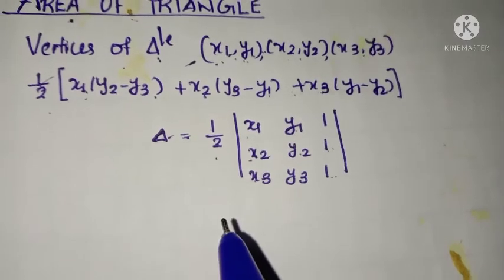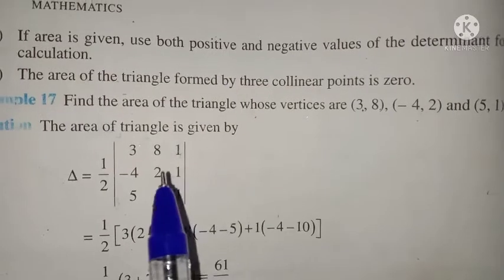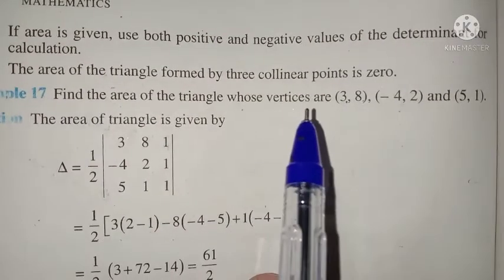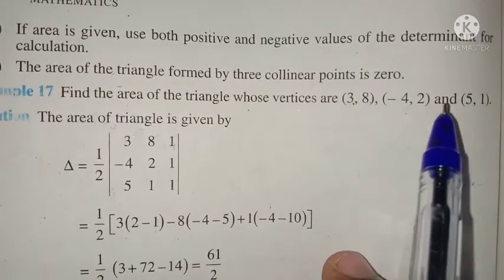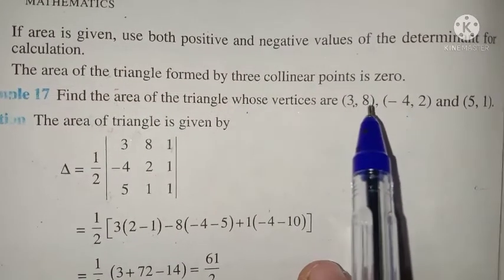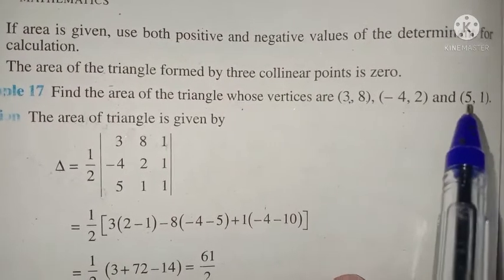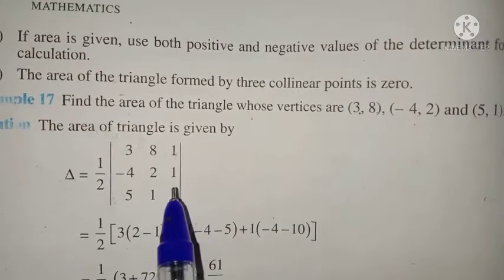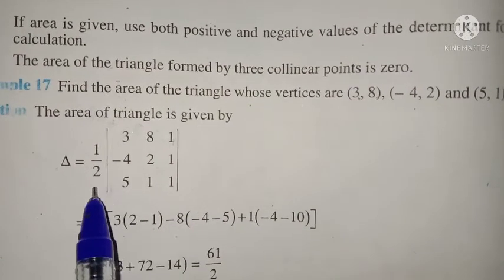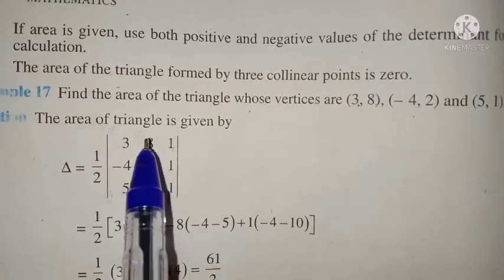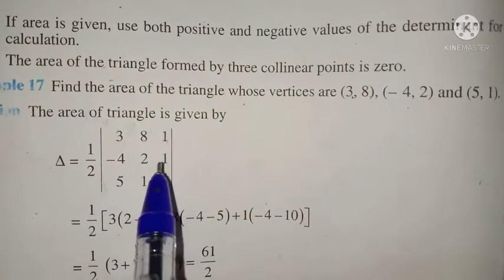Now see some problems. Look at this example. Find the area of the triangle whose vertices are (3, 8), (minus 4, 2) and (5, 1). Let us take these as (x1, y1), (x2, y2), (x3, y3). Now write the area of the triangle. The area is obtained by using the formula half into the determinant x1 y1 1, x2 y2 1, x3 y3 1.